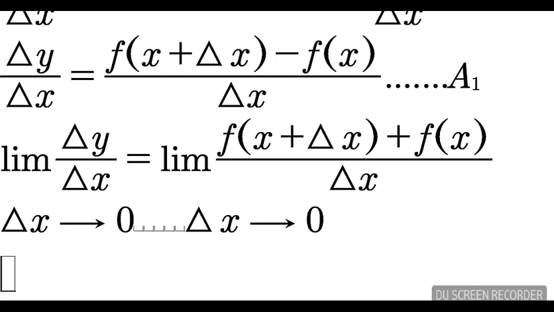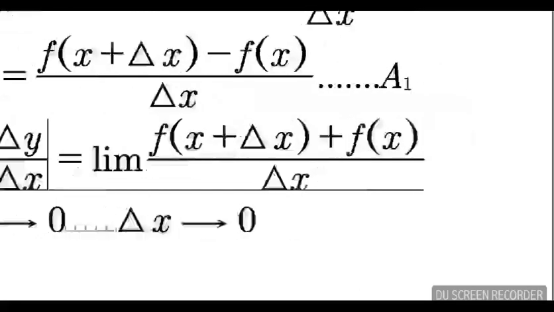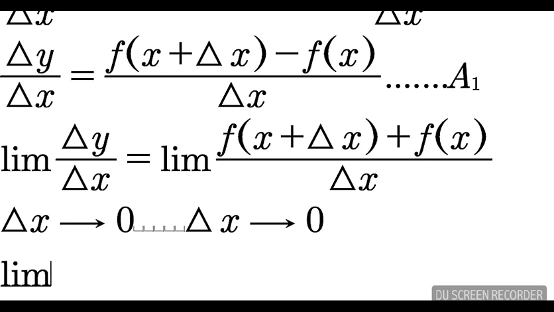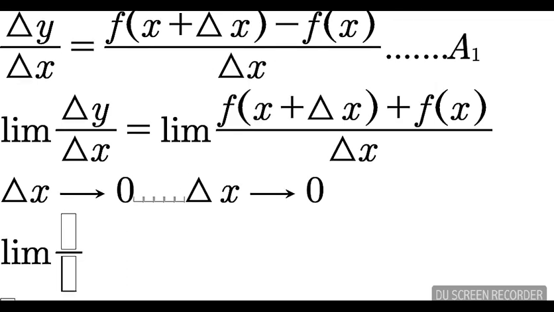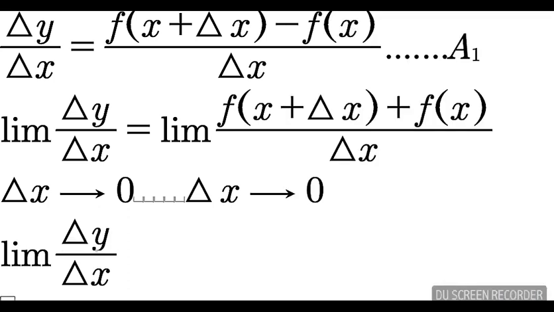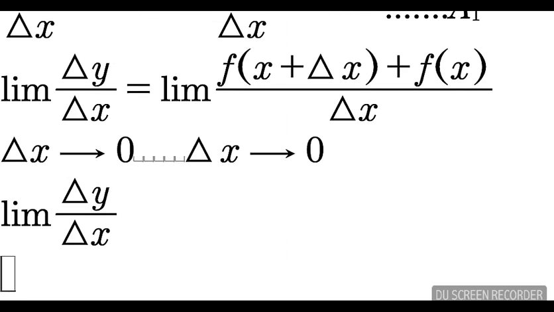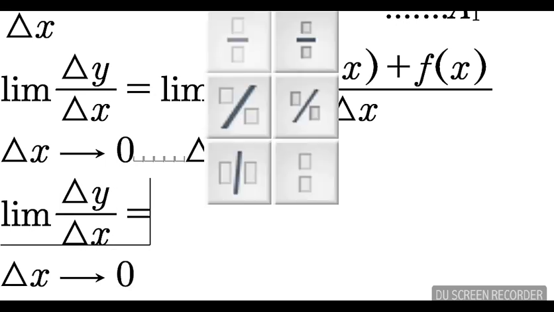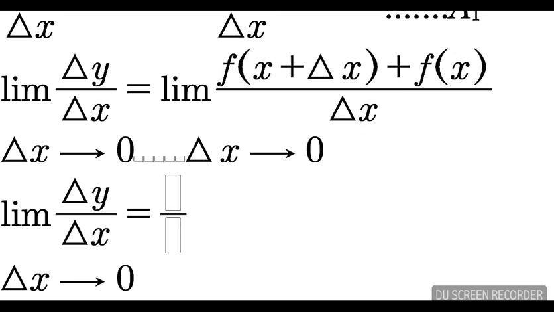So far the limit exists. Let me say the limit of delta y over delta x, as delta x approaches 0, is equal to dy dx, or simply it equals f prime of x.